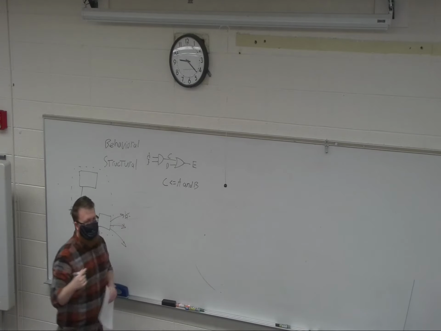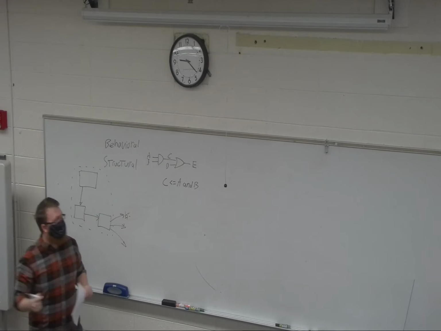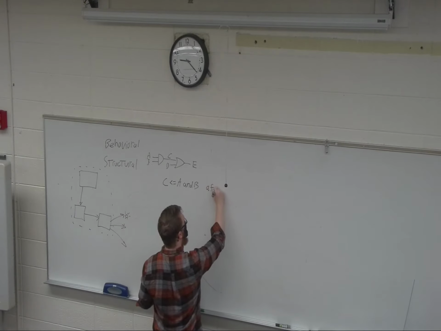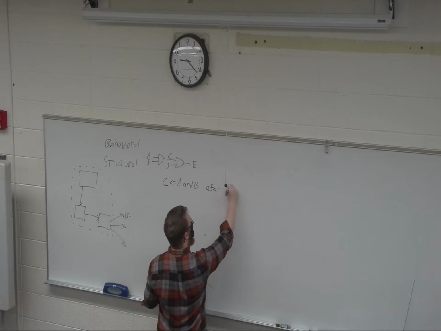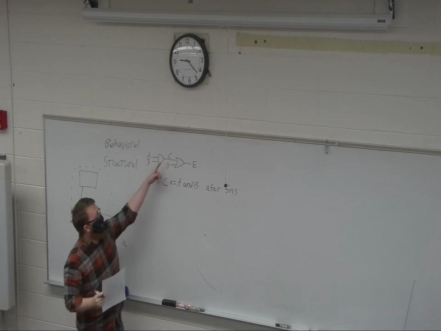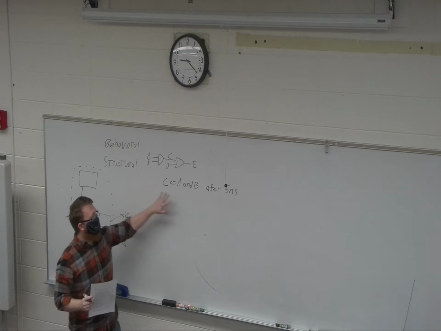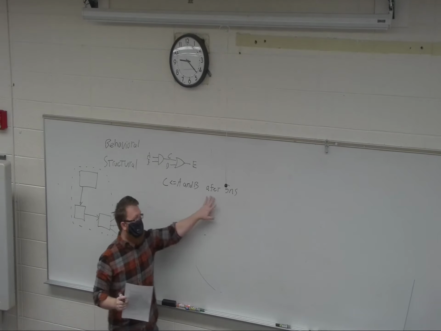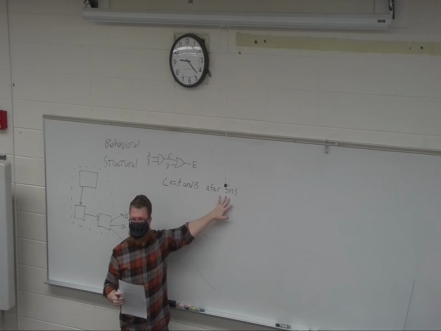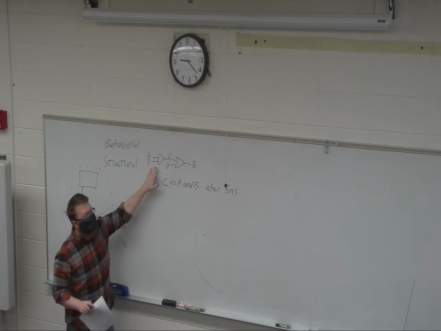Now, this next notation, your book is really big on this. It bothers me a little bit. So this is what C is. C is A and B after 5 nanoseconds. Can anyone tell me what this after 5 nanoseconds is for? The delay from the gate.